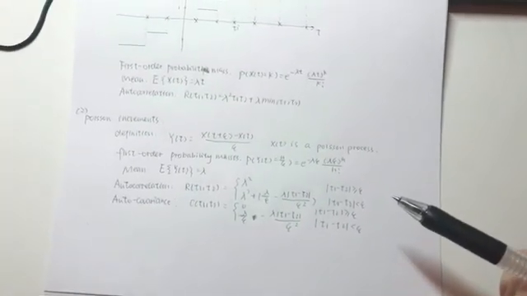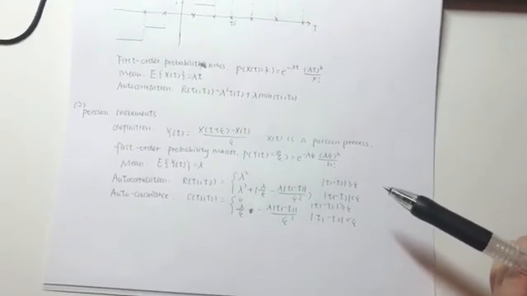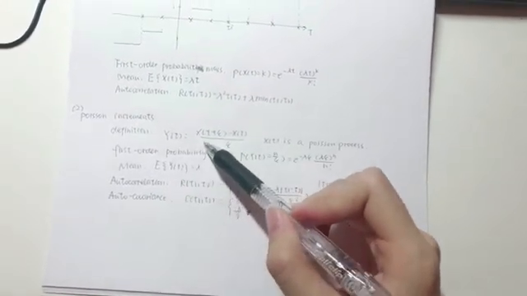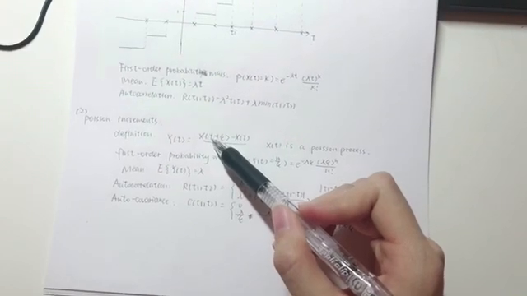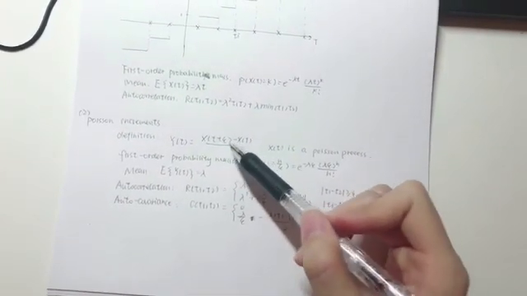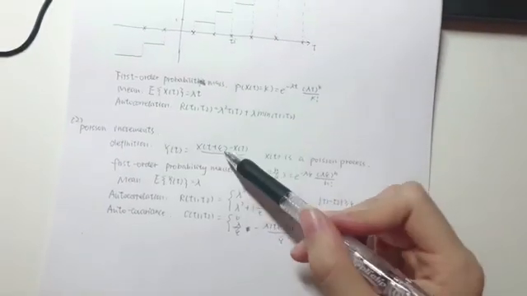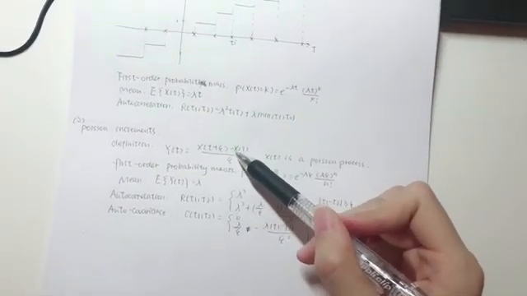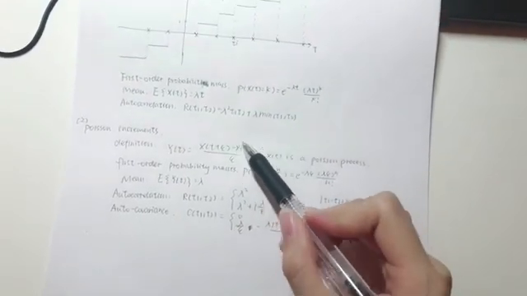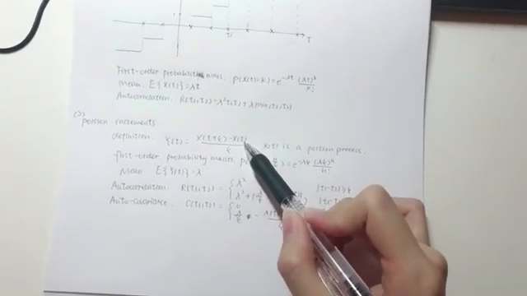Now let's come to the Poisson increment. The Poisson increment is defined as y of t equals x of t plus epsilon, minus x of t, divided by epsilon, where x of t is a Poisson process.